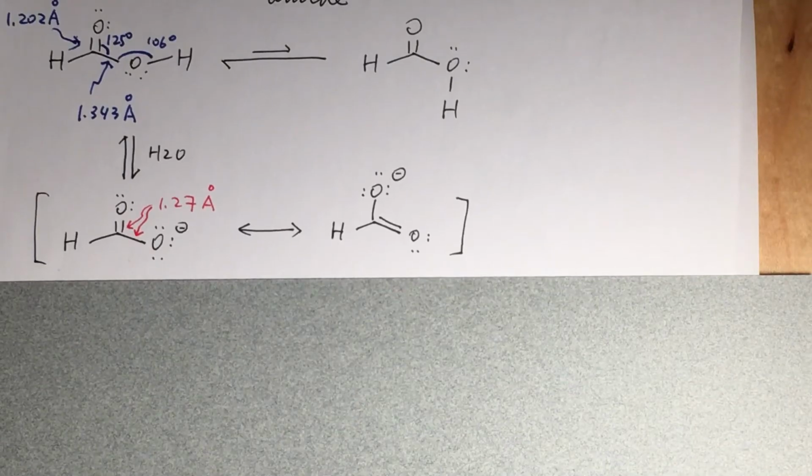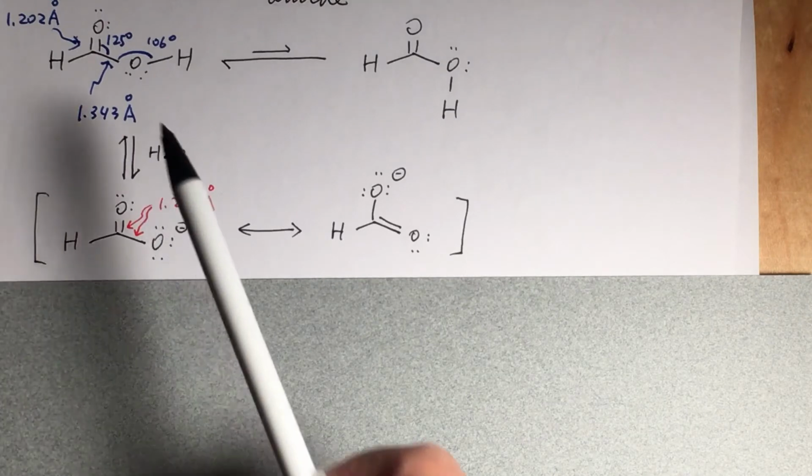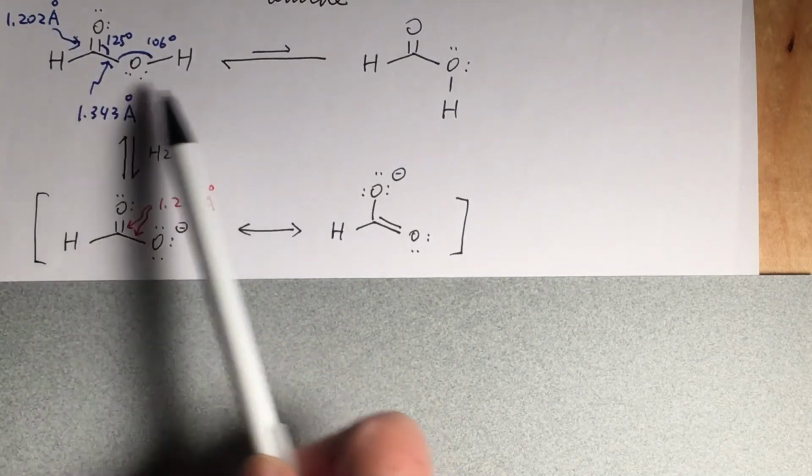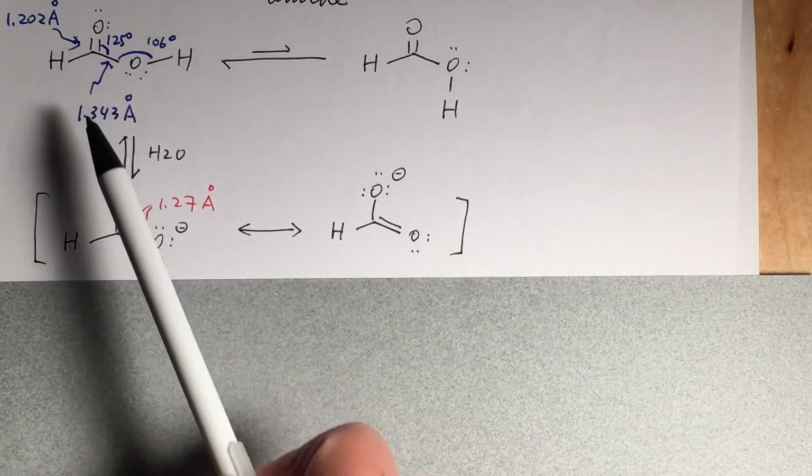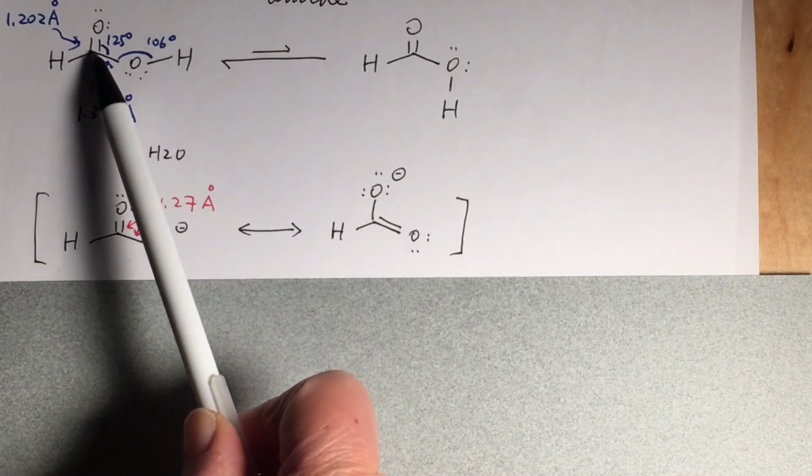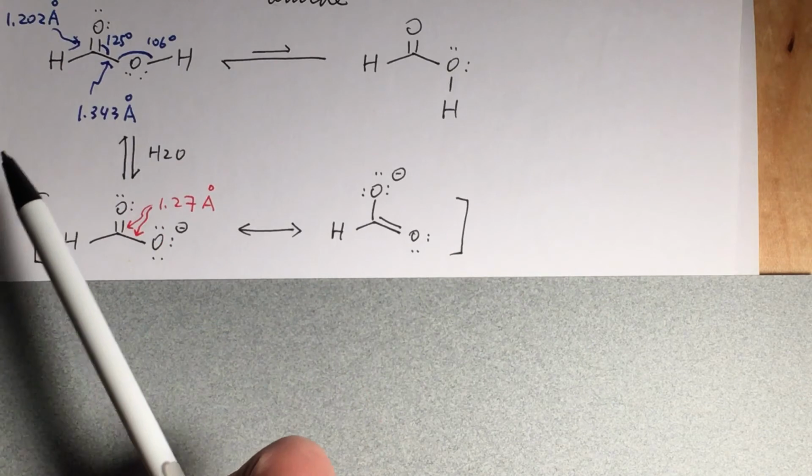Let's start with the simplest carboxylic acid and look at some of the typical bond lengths and bond angles. This is formic acid, with one carbon which adopts an sp2 hybrid.